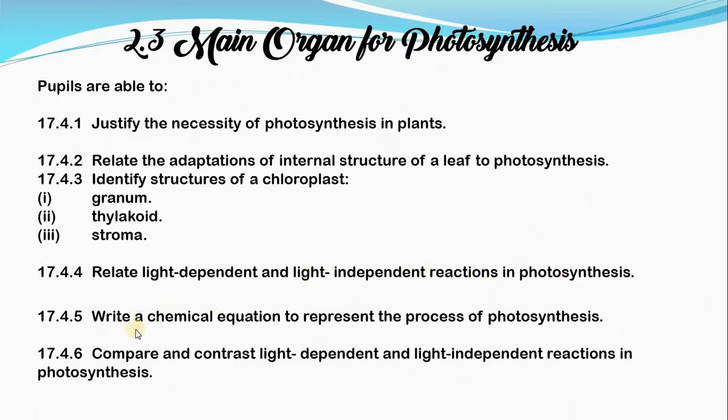Number 5, write a chemical equation to represent the process of photosynthesis. And the last one for today, compare and contrast light dependent and light independent reactions in photosynthesis. So these are the learning standards that we are going to cover for today.